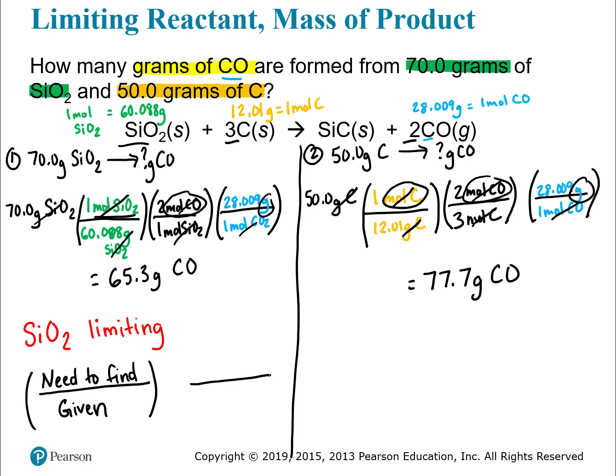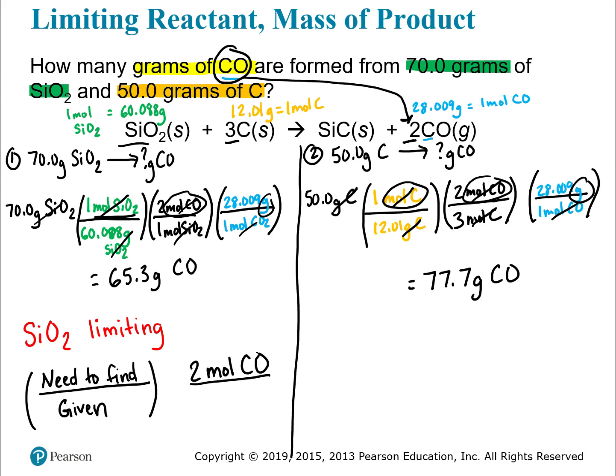So the need to find is, in the question, how many grams of carbon monoxide, right? So we need to find out something about carbon monoxide. I go to the chemical equation that is provided, and that says 2 moles. So that's what I write on top.